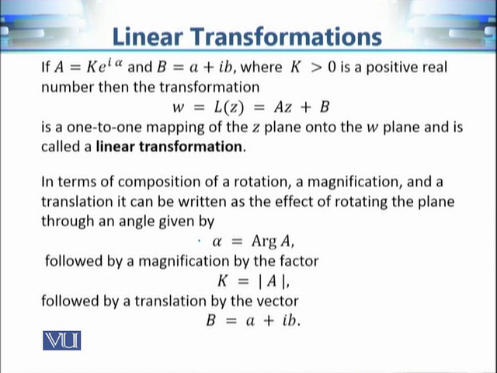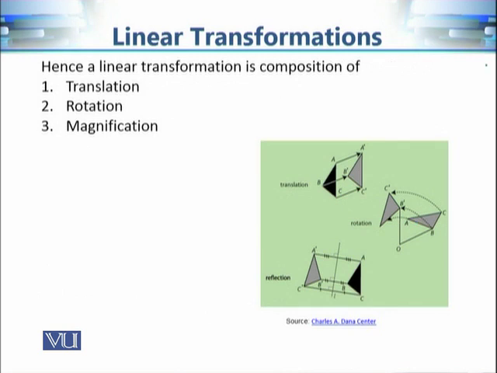And in this transformation, b is responsible for the translation. So we can say that a linear transformation is a composition of translation, rotation, and magnification.